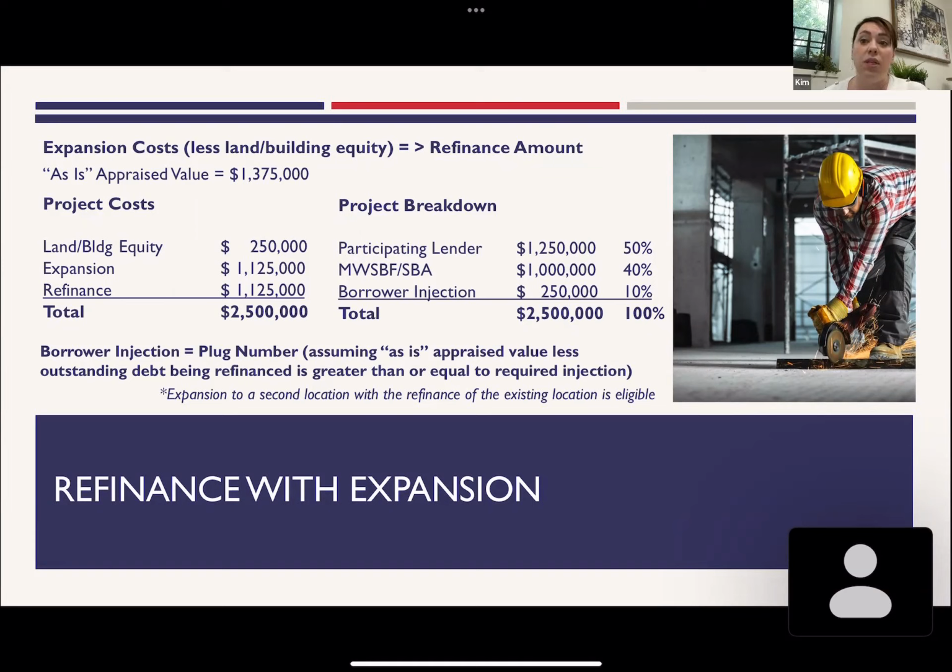So this would be a 50-40-10 split in this situation for a refinance with expansion. Again, this is general purpose building and existing business.